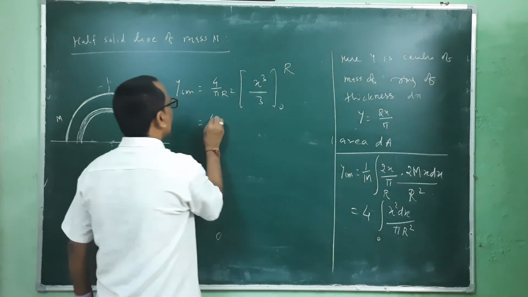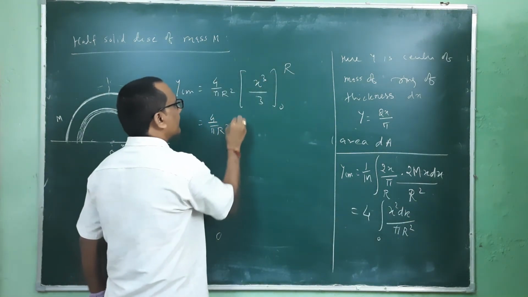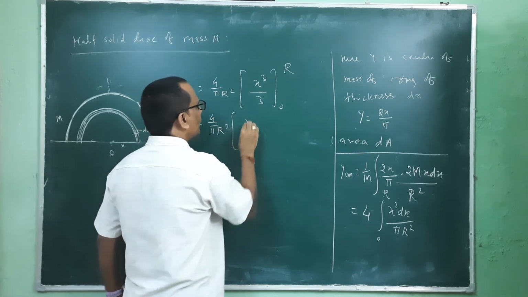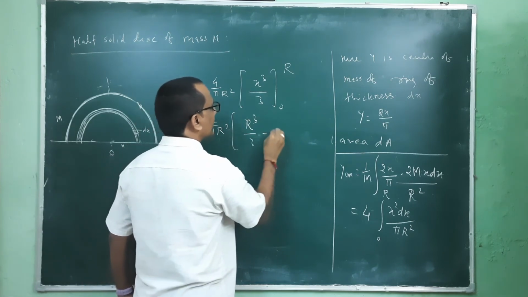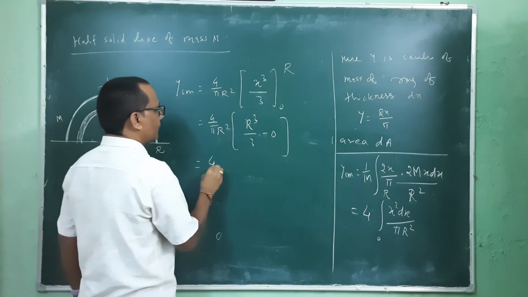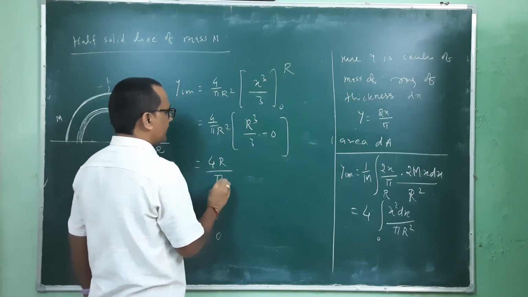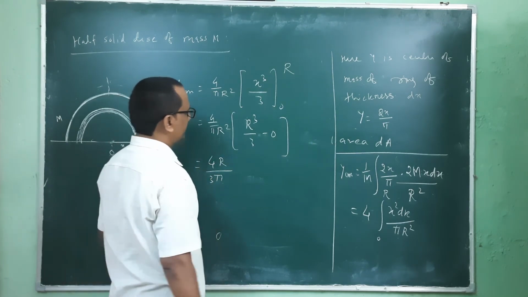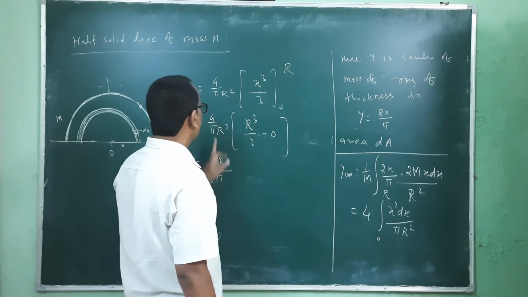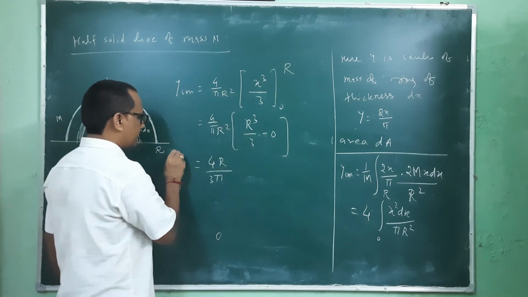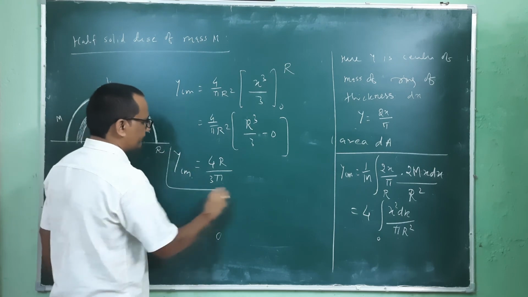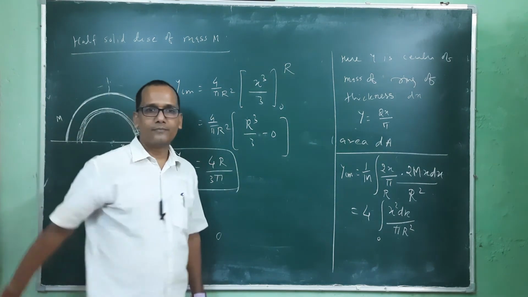So this is 4 by pi r square, and that is r cube by 3 minus 0, and this is 4r by 3 pi. r will be cancelled. So this is y. Check the calculation.